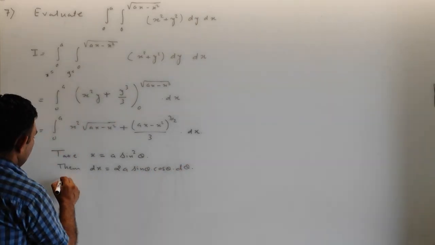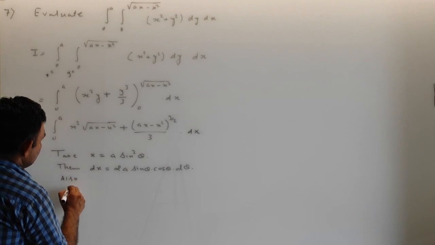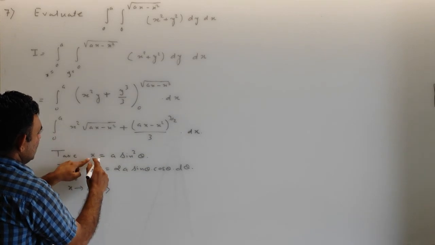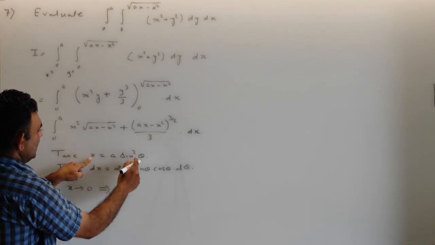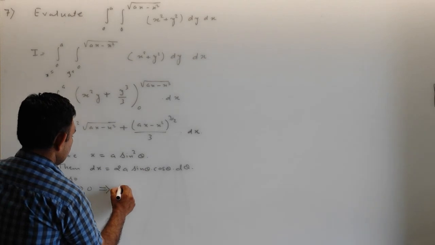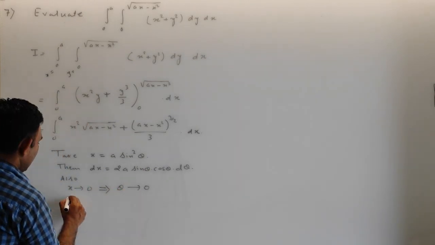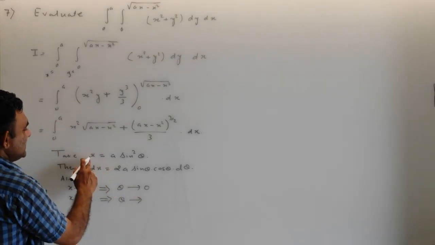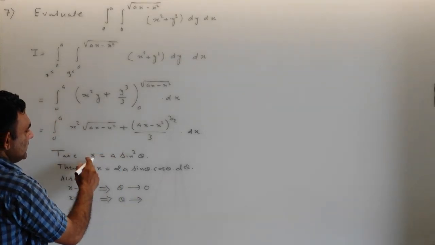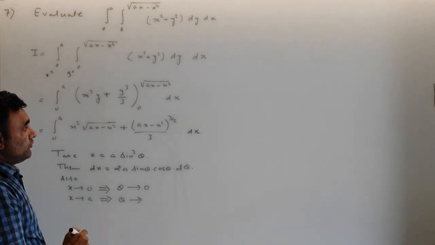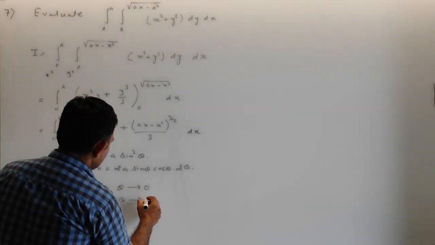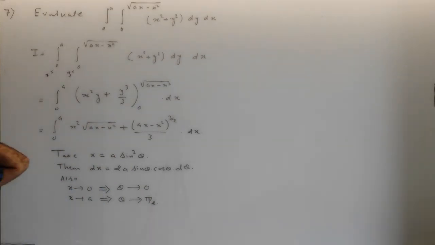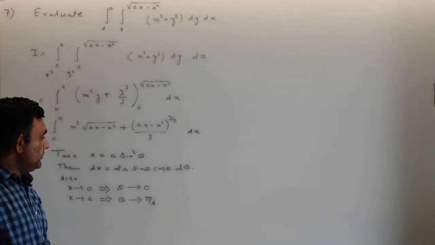Also, as x tends to 0, sine square theta is 0, so sine theta is 0, so theta tends to 0, and as x tends to a, the a cancels, so sine square theta is 1, so sine theta is 1 and theta is pi by 2. So as x tends to 0, theta tends to 0, and x tends to a, theta tends to pi by 2.